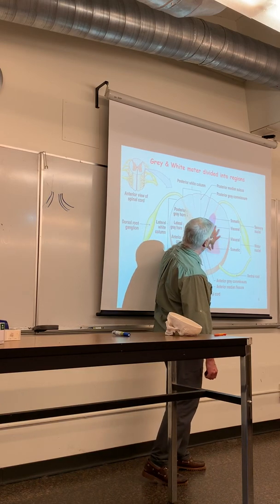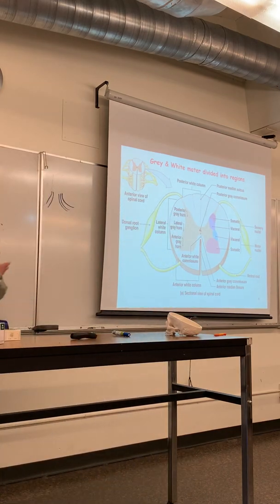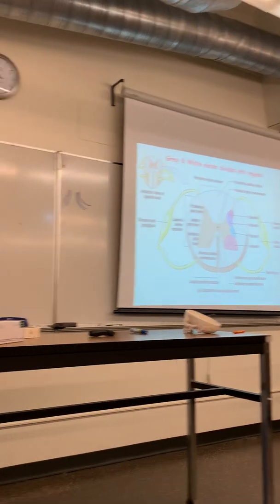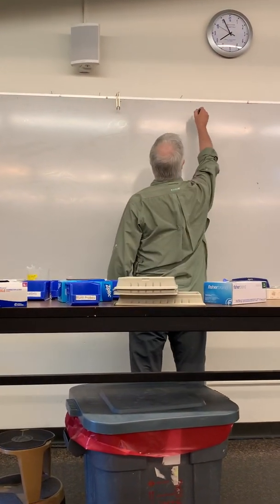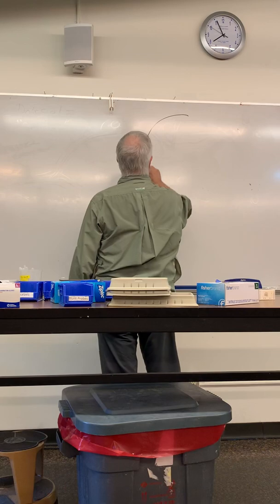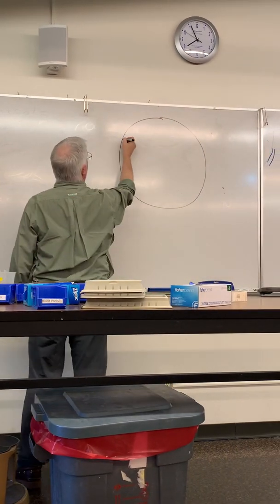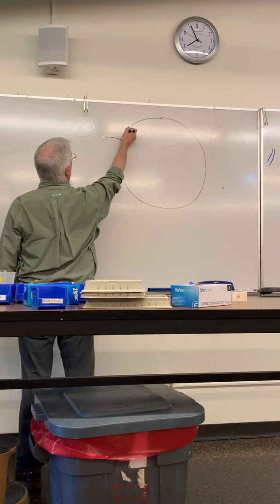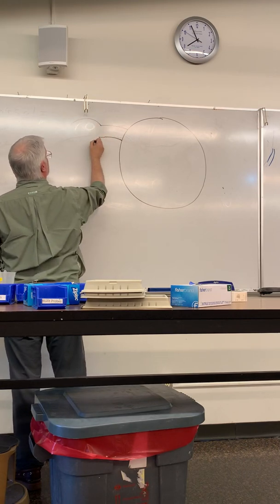So to practice this idea, let's draw out your spinal cord. And I would draw it out as well as you guys practicing on the diagrams we have. But I'm going to just make a nice big black circle. All right, and then I'm going to go over here and draw my attempt at a dorsal root. There's the ganglion.